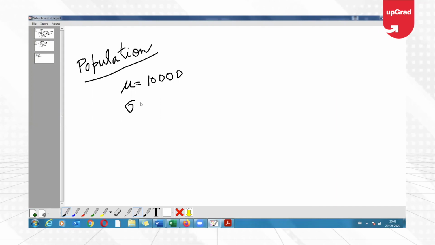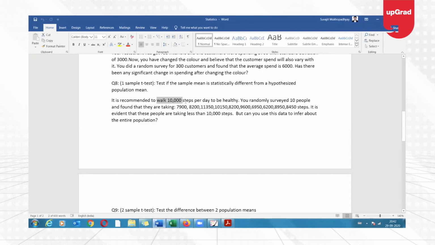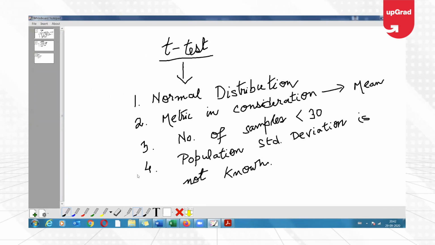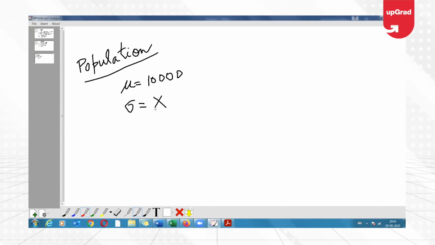So now we'll find sigma. So we come to the problem. We are trying to find a hypothesized sigma, but hold on. This is a hypothesized mean. This is not my population data. And in this case, I don't have a standard deviation. And if you remember, I use a t-test when the standard deviation of the population is not known. Fair enough. So I do not know this. Let me just put a cross. This is not x, this is a cross.